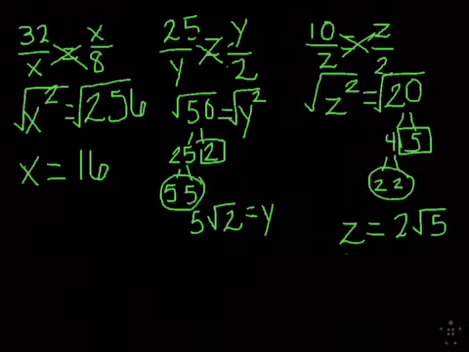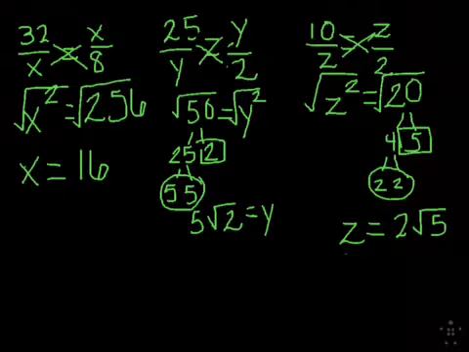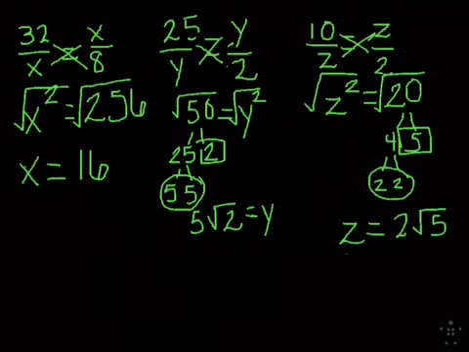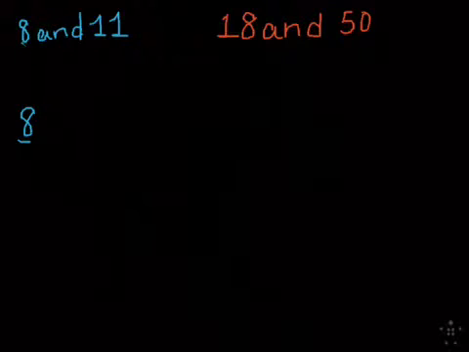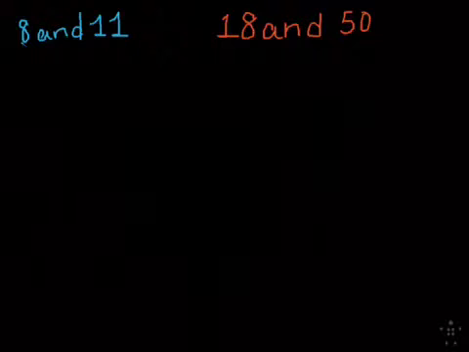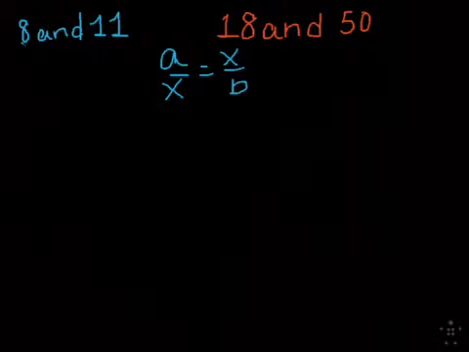Okay, so we're going to take the same idea. If you notice here, the variable at the top and bottom of each side of the proportion is the same. This is what happens when you do the geometric mean. So I want to find the geometric mean of 8 and 11. The first thing I'm going to do is write down the formula for geometric mean: a over x equals x over b, where a and b are the numbers that you have.